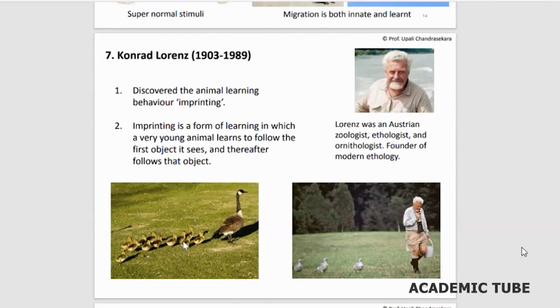The babies in that case always followed the mother, and this time the babies always followed Lorenz because they regarded Lorenz as their mother. This particular behavior is what you call imprinting. During a very sensitive stage of life, animals learn to follow what they first see. That is what you call imprinting.